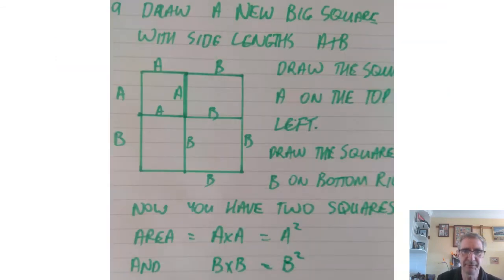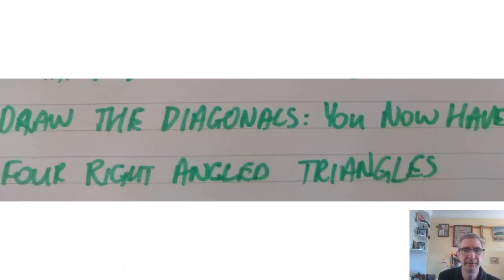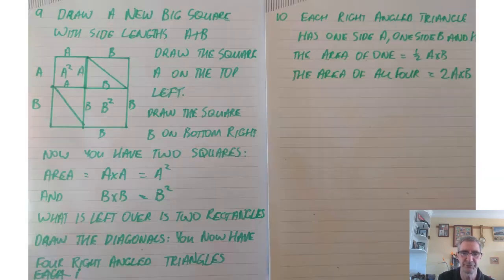Okay, so the area of that square will be A squared, and the area of this square will be B squared. Okay, here are the two rectangles that we're left over with. Now we're going to draw the diagonals across those rectangles.